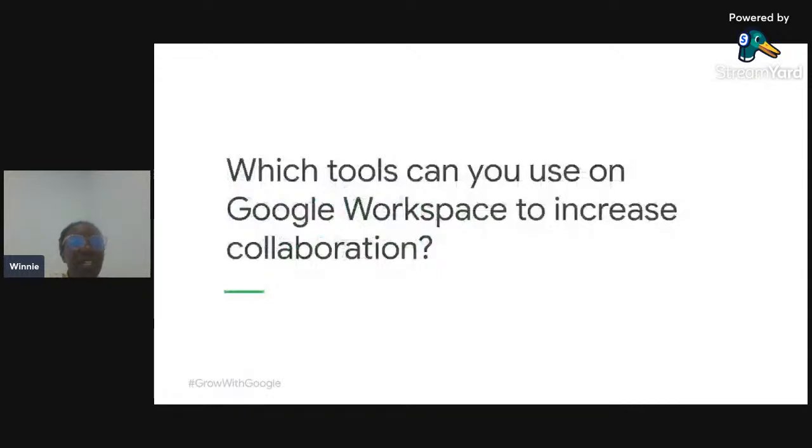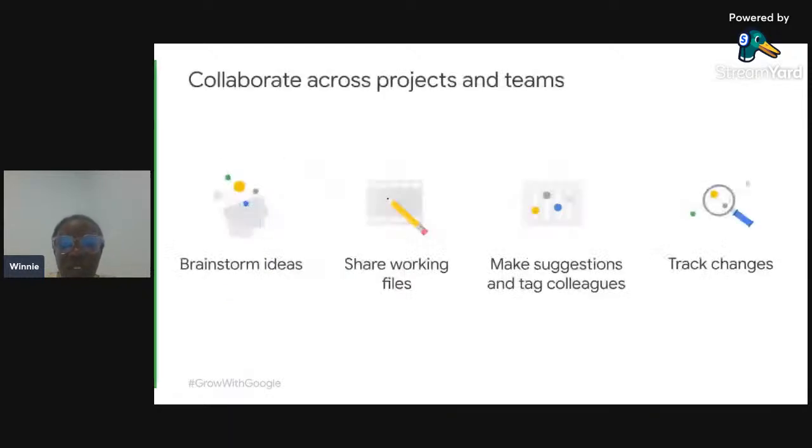So how do we increase collaboration? Number one is brainstorming ideas. You could use the likes of Jamboard, and I'm going to explain further what exactly this Jamboard thing is that I'm talking about. Another way is sharing working files.